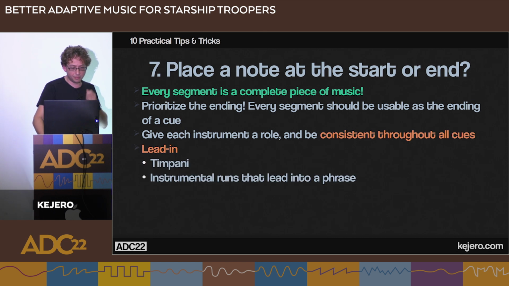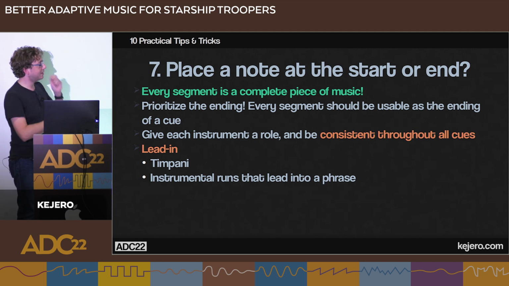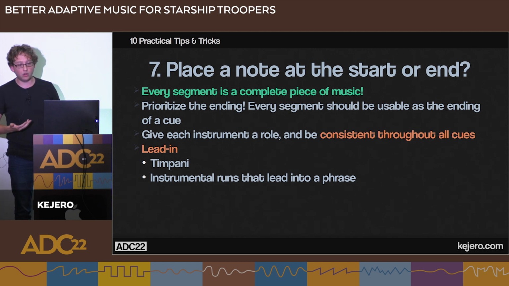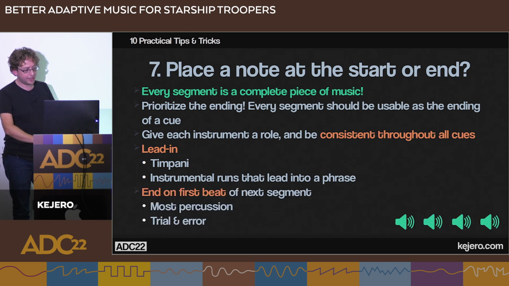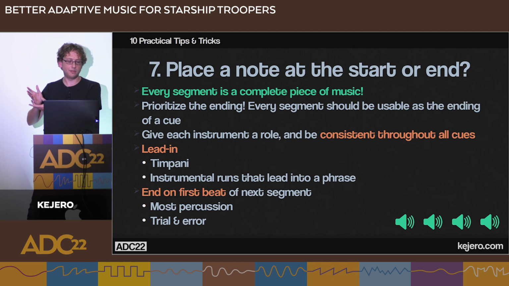For example, with the timpani, I made sure that the timpani is always used as a lead-in. And on the first beat of a measure, the timpani is always performing something. Well, if it is performing at all. And I make sure that almost every other percussion instrument is used to punctuate the ending of a measure. And I do that on the first beat of the next measure.